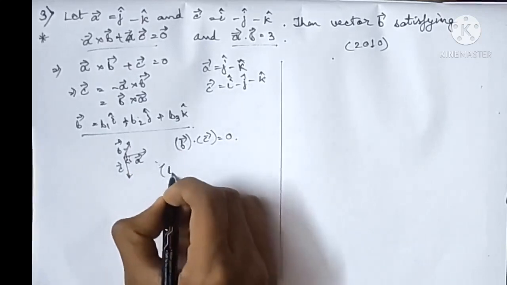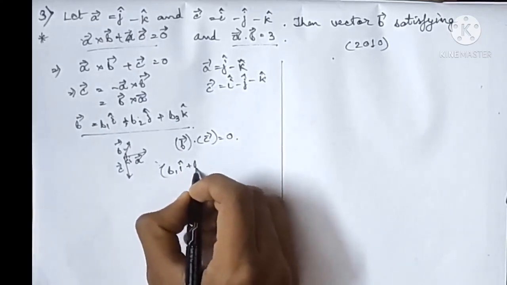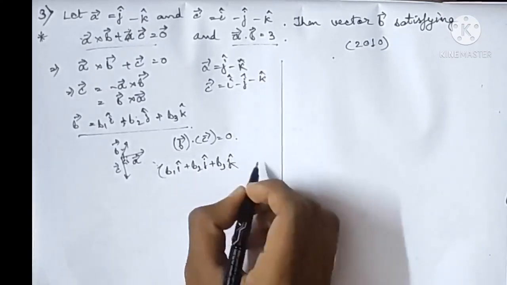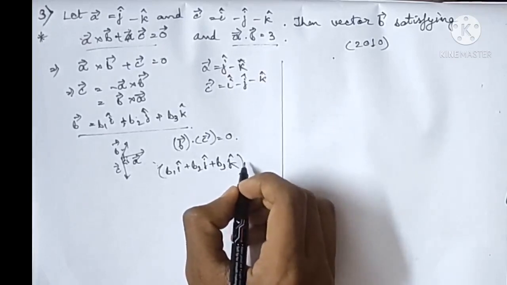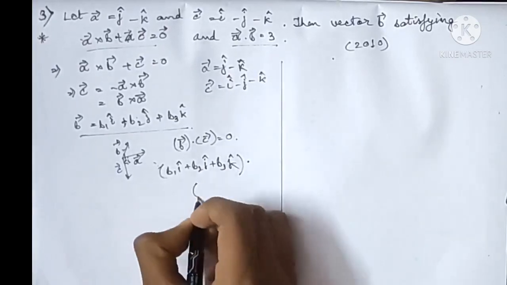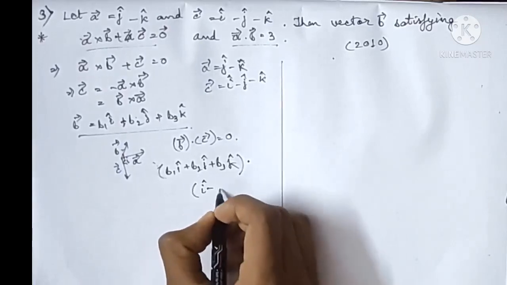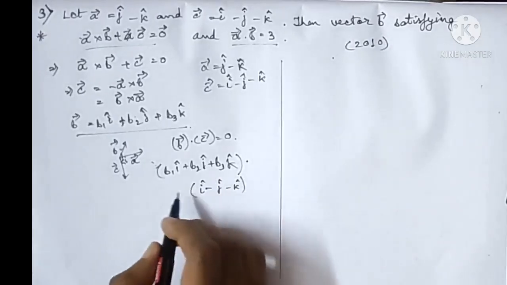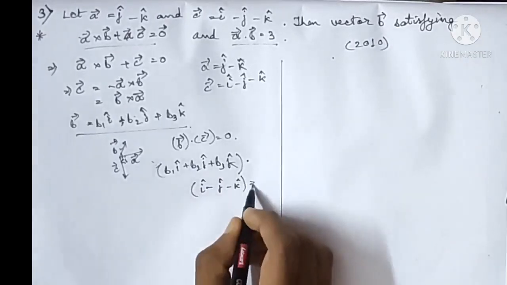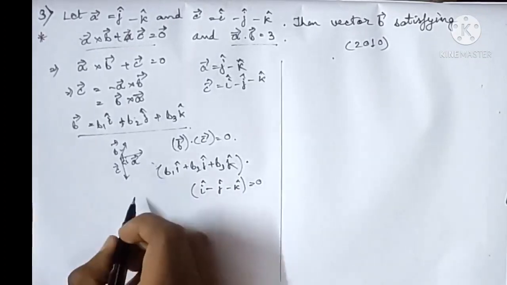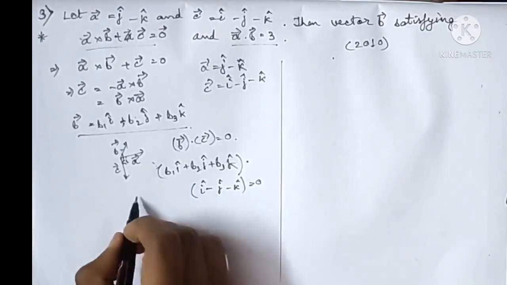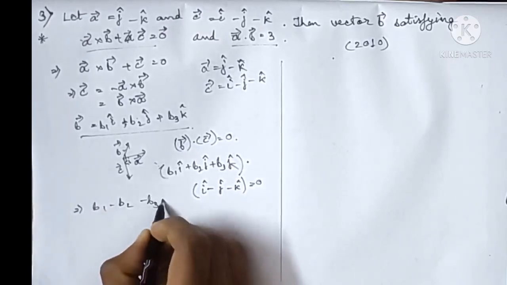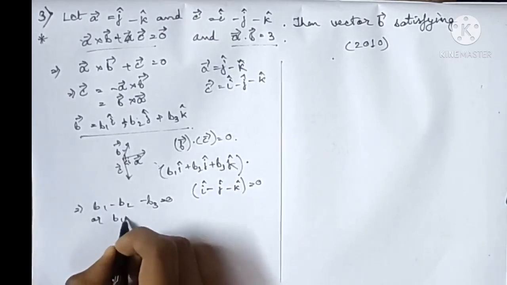Now B vector is B1 i cap plus B2 j cap plus B3 k cap dot, writing it here, i cap minus j cap minus k cap. Okay, so now this dot product would give us 0 as the result. So now we'll do the dot product. That would give us b1 minus b2 minus b3 is equal to 0, or b1 is equal to b2 plus b3.